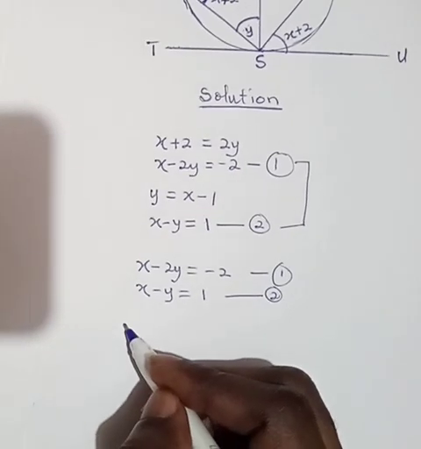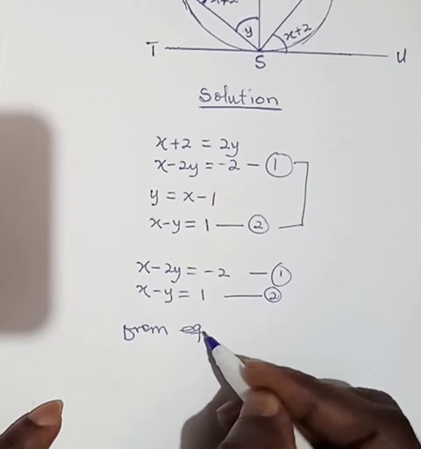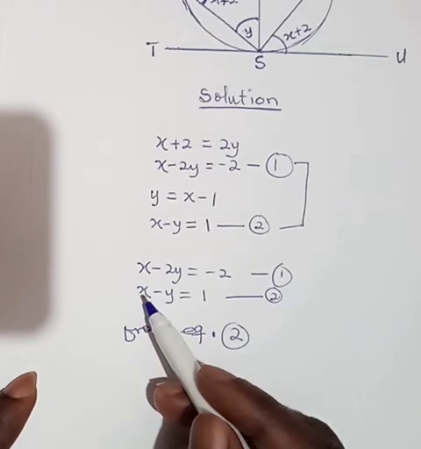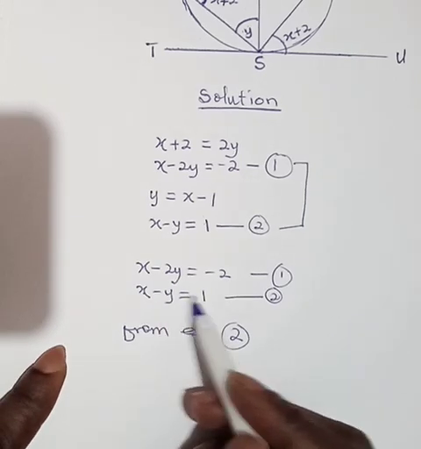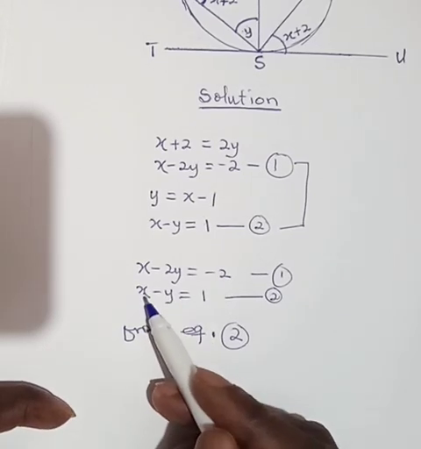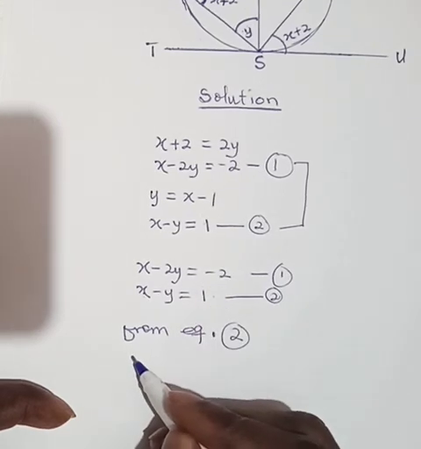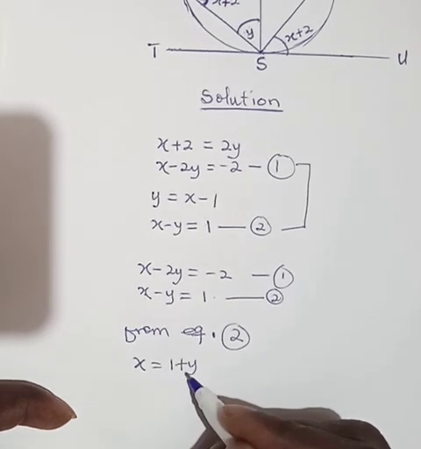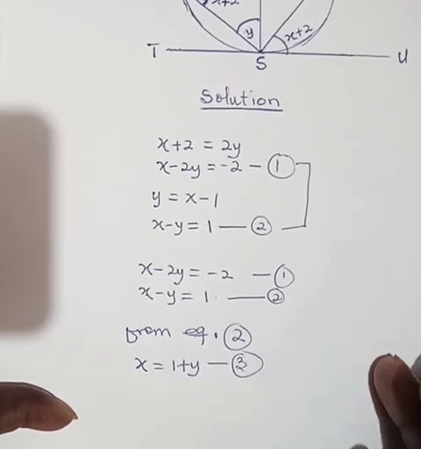So I can proceed and write it as, from equation 2, I can make x the subject. If I am to make x the subject, that means I will maintain x and then send this here. So I can write x is equal to 1 plus y. I can call this equation 3.